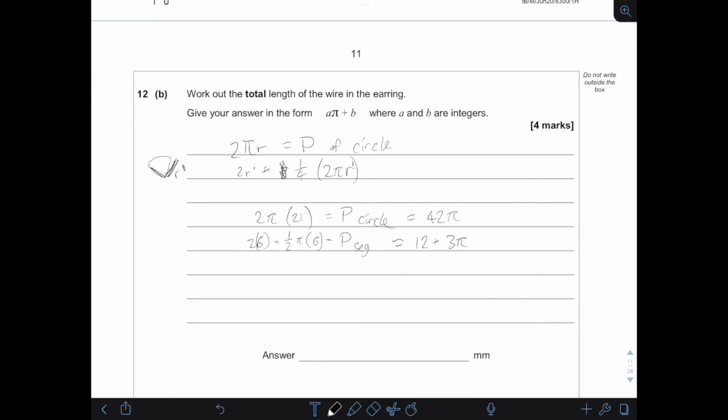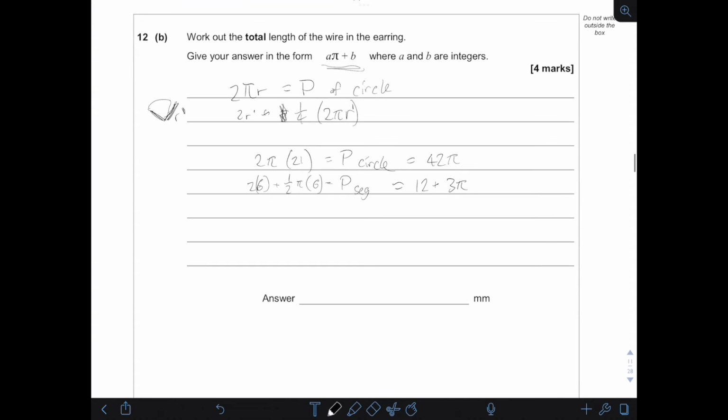And we're giving the answer in the form a pi plus b, which means that we're summing these two numbers together to get 45 pi plus 12. So that's the answer. The hardest bit is to remember the 2 r's are not the same, and don't mix them up together.